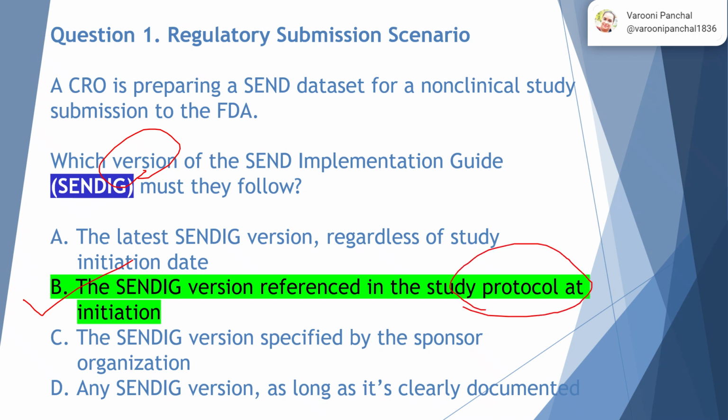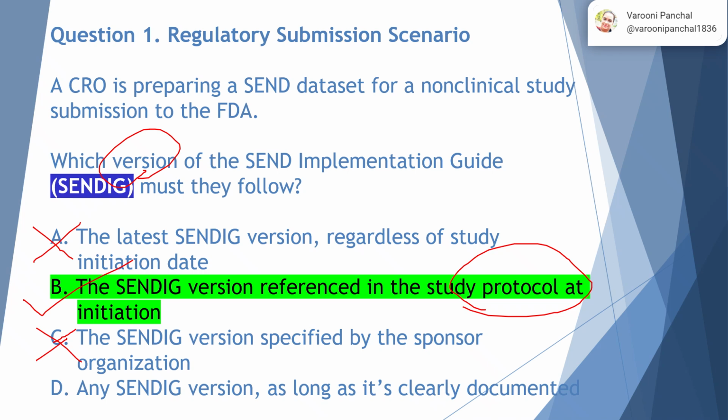Now let us look at option A, the latest SEND IG version regardless of study initiation date. No, this is not the right answer. The SEND IG version specified by the sponsor organization. No, even though the sponsor has mentioned verbally to use a specific version, you should not follow it unless you make amendments in the protocol.